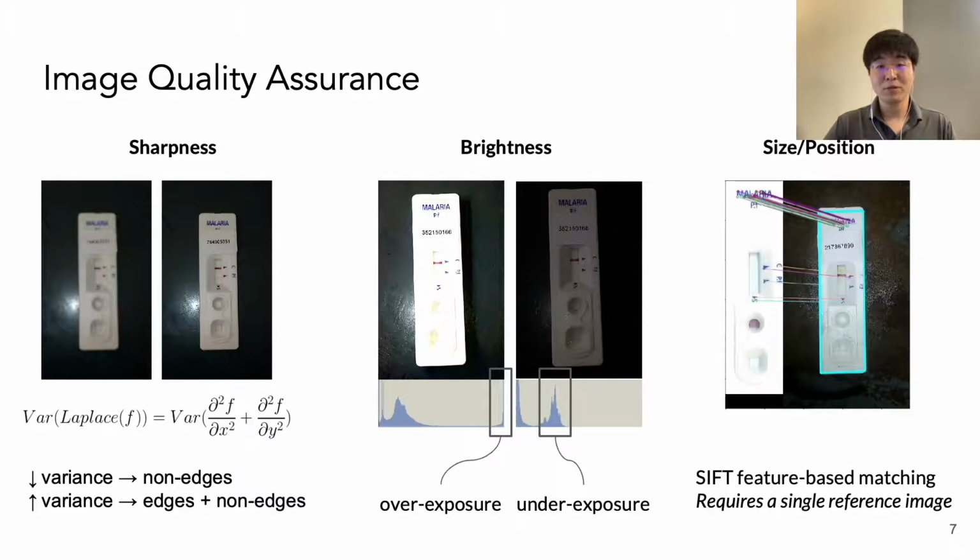For size and position, we use SIFT feature-based matching to locate the RDT. Compared to the data-driven approach, it only requires a single reference image, which is better for extending RDTScan to different types of RDT. With the detected RDT in the frame, we check whether the RDT is sizable and located at the center.